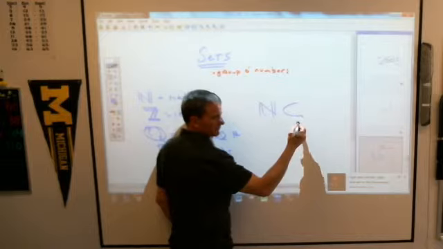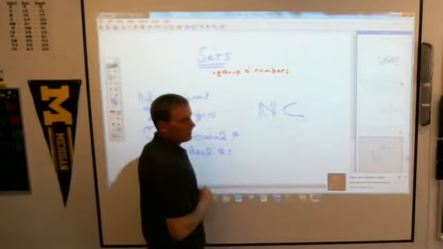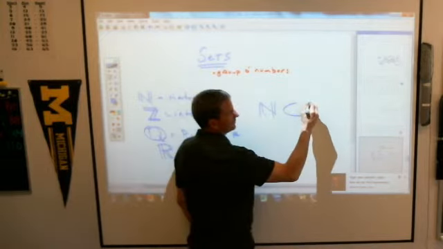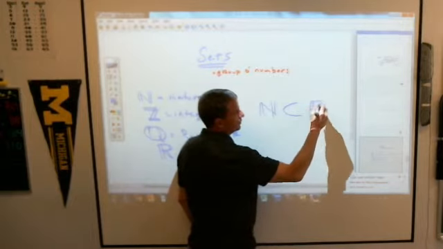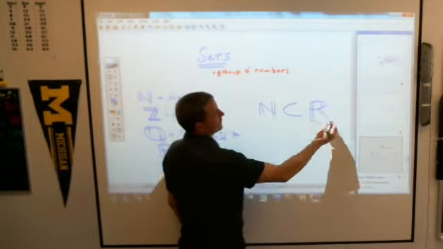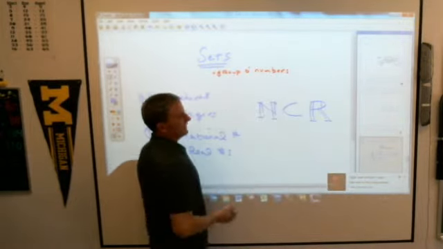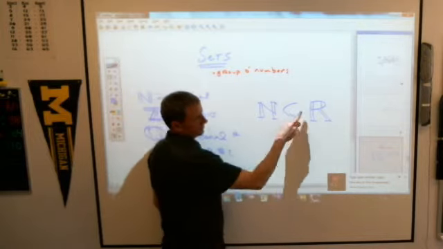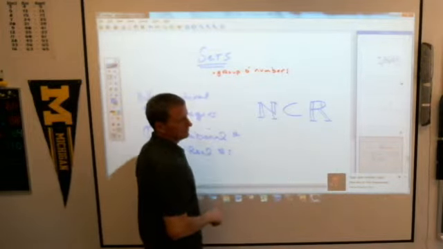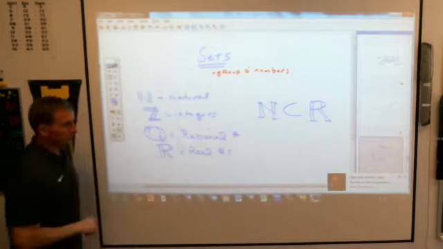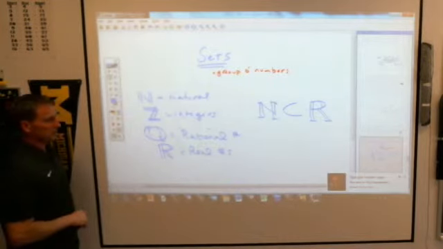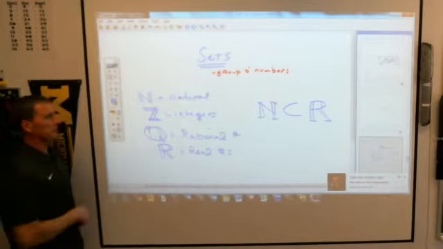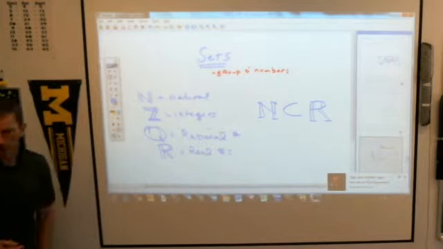Is a subset of the real numbers. So rather than going through all the work of writing all that down in math, you would just say natural numbers are a subset of the real numbers. Rational numbers are a subset of the real numbers. Integers are a subset of the rational numbers. You would have all that stuff there.